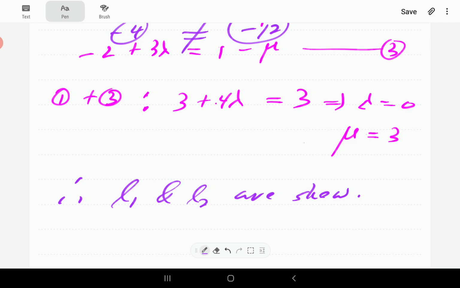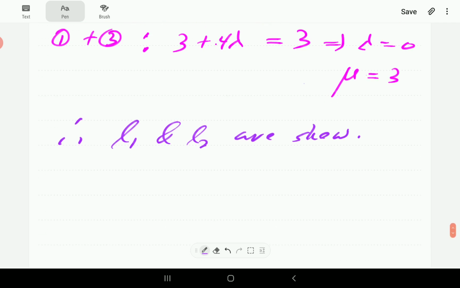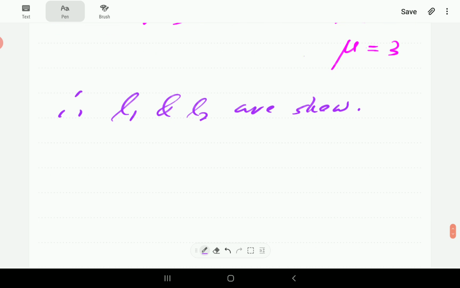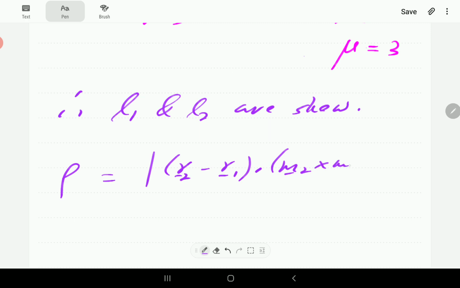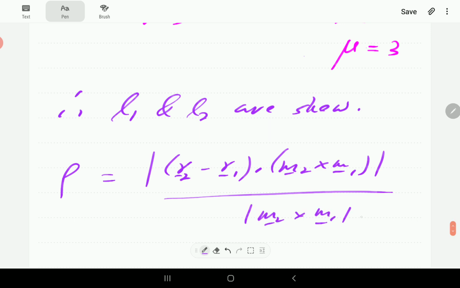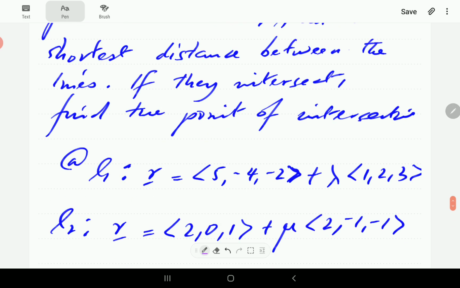Then to find the distance between the two, we have got to use the formula. This is the formula: R2 minus R1 dot M2 cross M1, all divided by the magnitude of M2 cross M1.